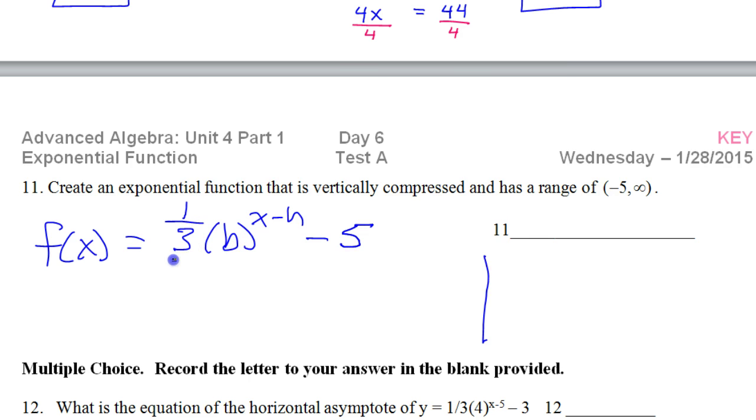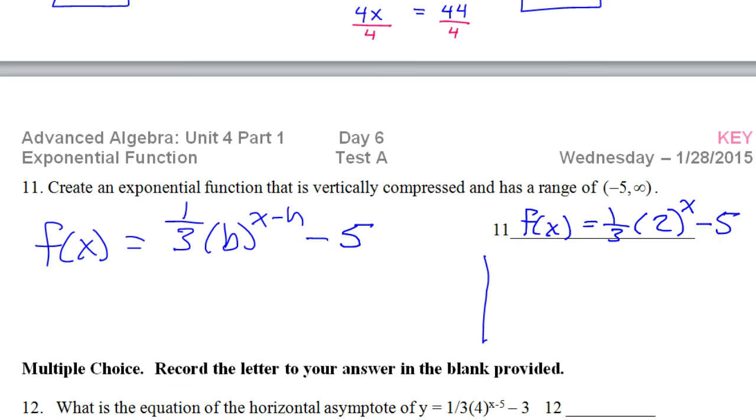If I have this 1/3 here and the -5 here, in fact, it has to be -5, but this just had to be something less than 1. Well, between 0 and 1. So an example would be, f of x equals 1/3 times, I don't know, whatever, 2 to the x power minus 5.